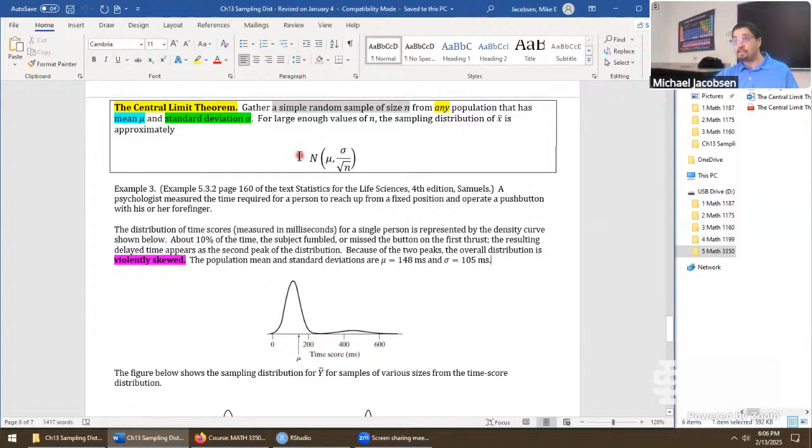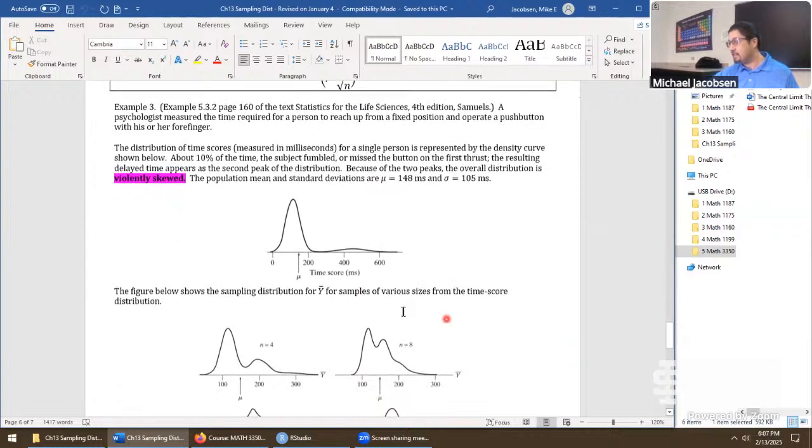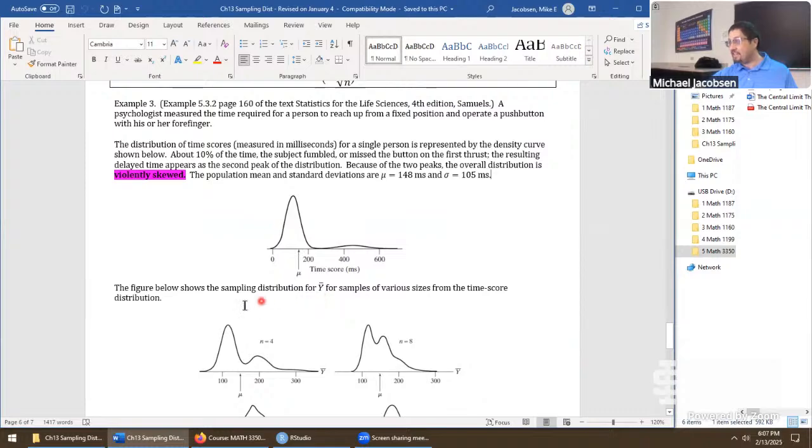Central limit theorem says it ought to be normal, the way the sample mean X bar is distributed. I think they use Y bar in this textbook, so think of that as synonymous. Well, there's the Y bar. It says the figure below shows the sampling distribution for Y bar for samples of various sizes from the time score distribution.